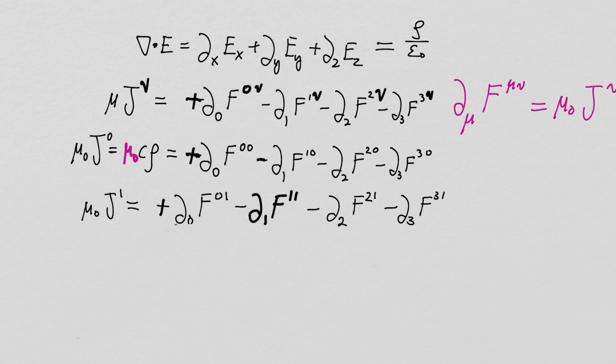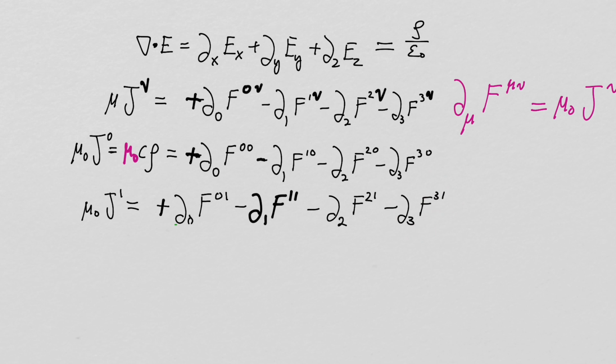And now we have the time derivative of F01 over here, actually the x0 derivative of F01. This is the x2 derivative of F21 and the x3 derivative of F31.